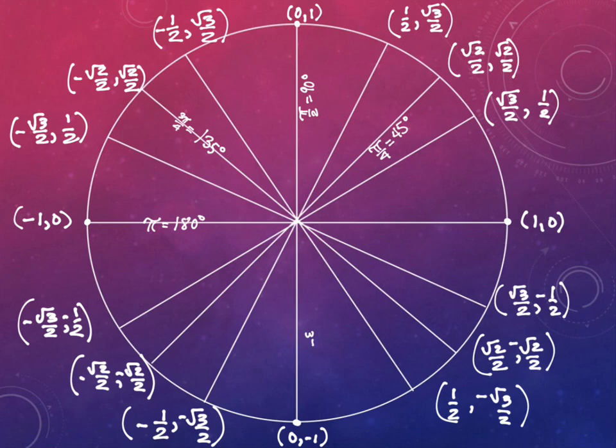It's 3 pi over 2 and 270 degrees. Okay, so those are my quadrantal angles. I can go all the way around over here too. This is both 0 radians, which is 0 degrees, and also 2 pi radians, which is 360 degrees, to go all the way back to the beginning.